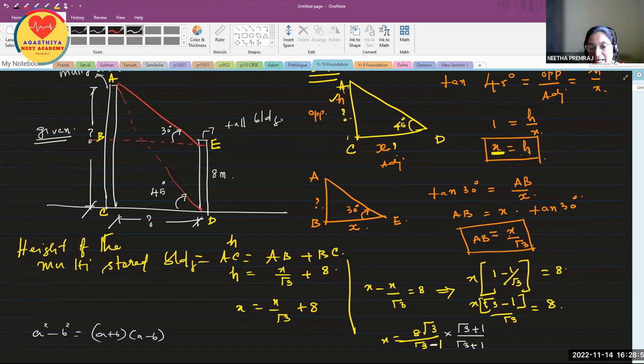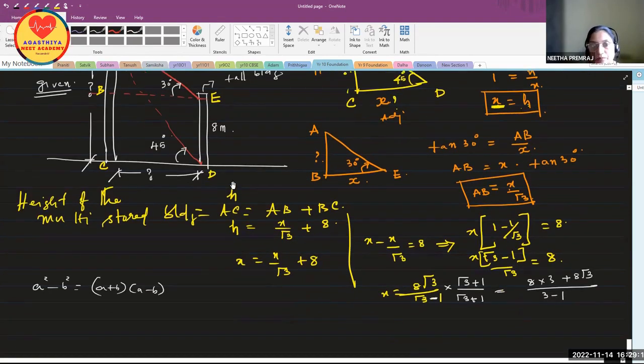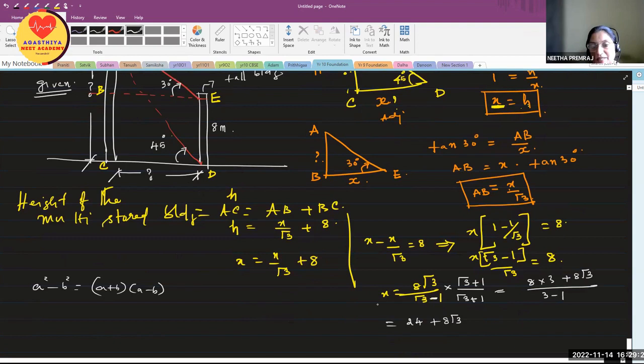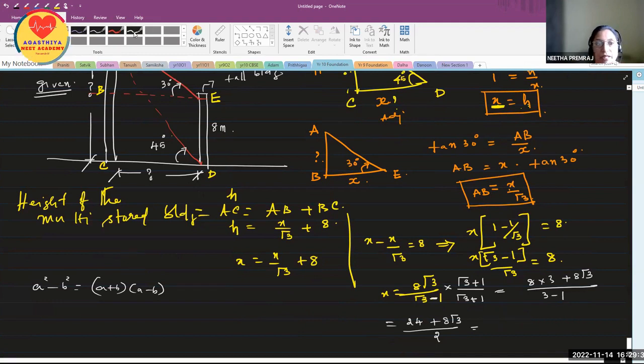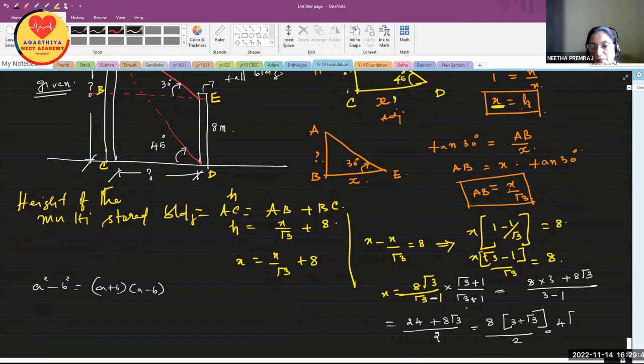Then it becomes 8 into 3 plus 8 root 3 divided by A square minus B square, so 3 minus 1. If you simplify, it will be 24 plus 8 root 3 divided by 2. You can take 8 outside, that would be better. What happens? 8 times 3 plus root 3 divided by 2, that is equal to 4 times 3 plus root 3.